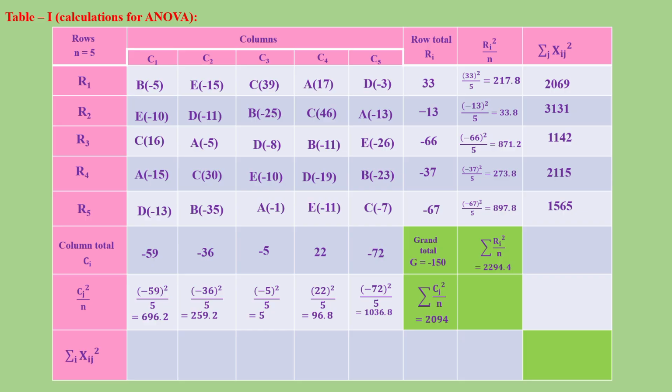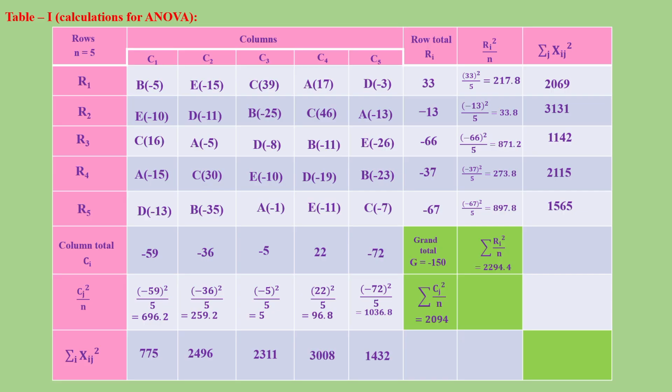Similarly column sum of squares. So my first column: minus 5 square, minus 10 square, plus 16 square, plus minus 15 square, plus minus 13 square. So you will get the first column sum of squares 775, second 2496, third column 2311, fourth column 3008, and fifth column 1432.